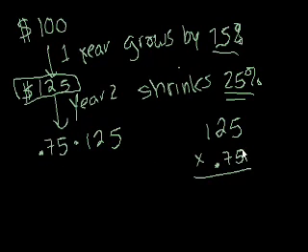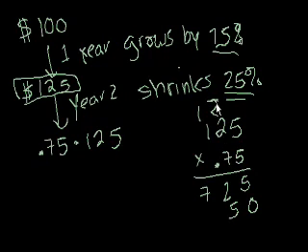Let's do the math. 5 times 5 is 25. 2 times 5 is 10, plus 2 is 12. 1 times 5, 5. Okay, 7 times 5 is 35. 7 times 2 is 14, plus 3 is 17. Sorry, 7 times 1 is 7, plus 1 is 8.